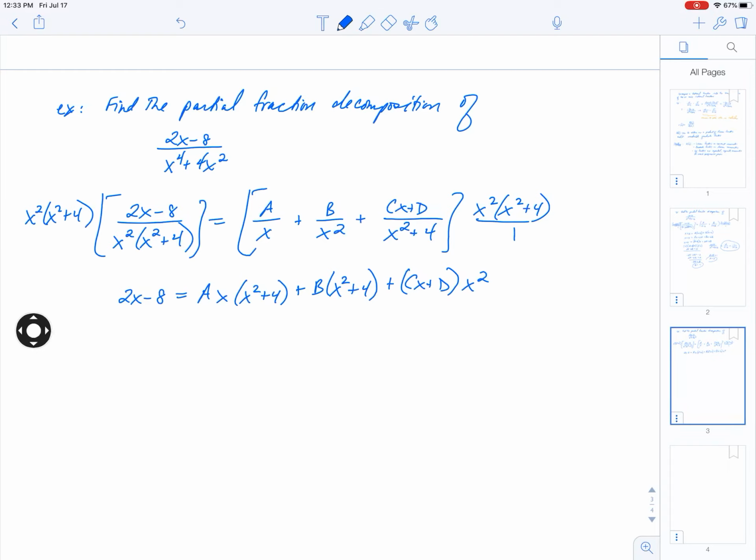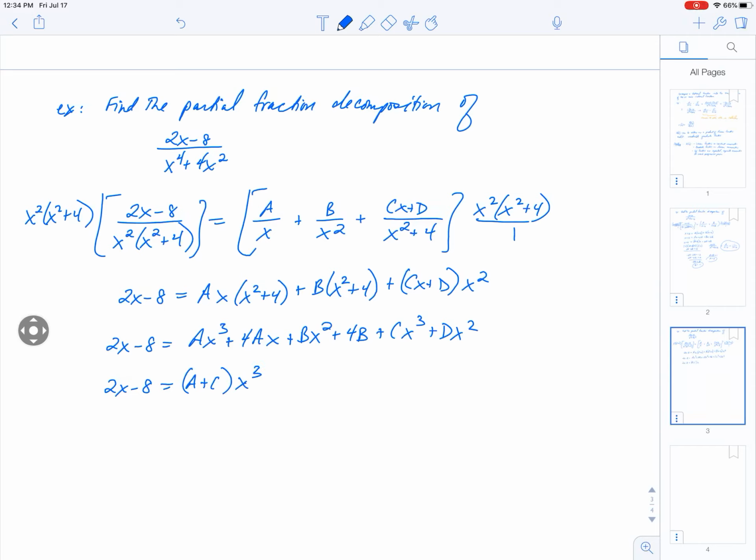And then I want to distribute, so I've got 2x minus 8 is equal to ax cubed plus 4ax plus bx squared plus 4b plus cx cubed plus dx squared. Combine like terms: 2x minus 8 is a plus c, x cubed, plus b plus d, because those are the terms that have x squared.